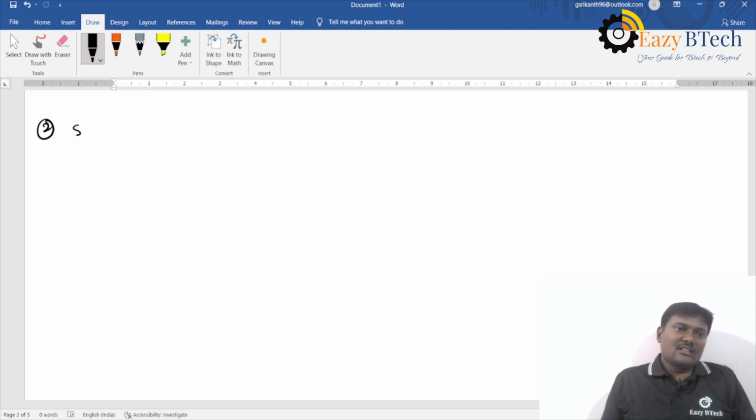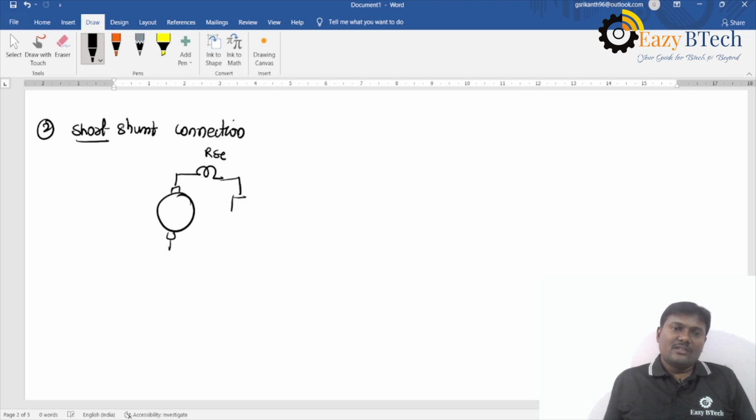And the second connection is a short shunt connection. In this short shunt connection, we are connecting a series field winding in series with the load. So the terminal voltage is VT, and the shunt field winding is connected in parallel with the armature.